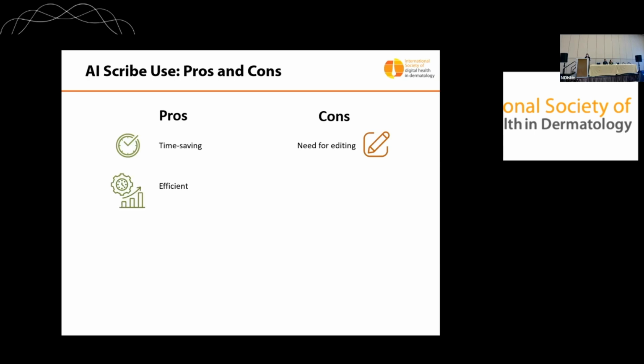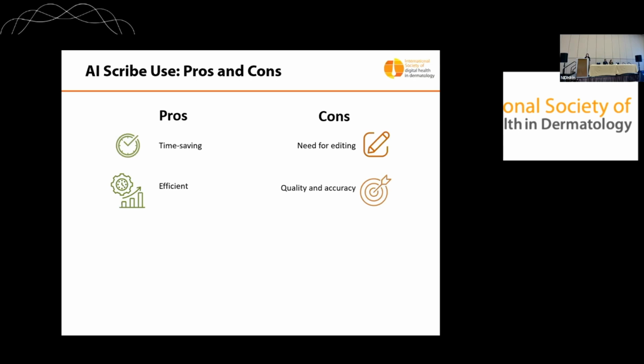We talked a lot about efficiency and how it streamlines workflow and incorporating it into the EHRs directly. But then there's this concern for quality and accuracy. There are studies that show that AI scribes really have difficulty with 3 main components. One is very hyper-specific checklists. So if your clinic has, for example, a transplant workup list that is very specific, AI models often aren't able to capture that.